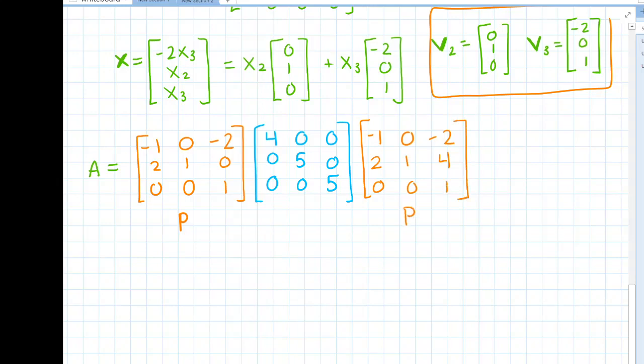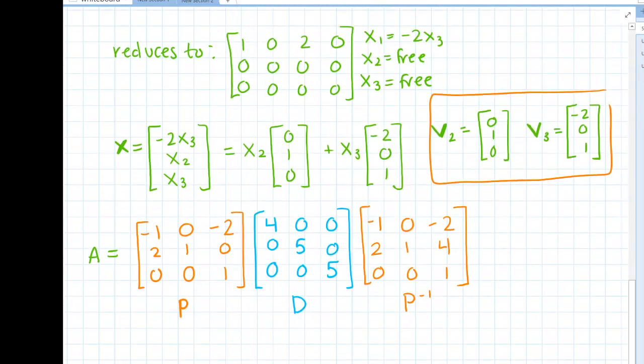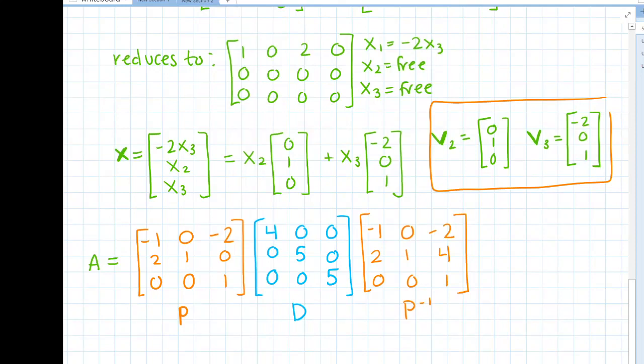So this is our P inverse, and this is our matrix D. So that is your diagonalization. Just to quickly mention, and this came up if you did the worksheet from the other day, it is possible to have an eigenvalue with a multiplicity of 2, but not to get two different eigenvectors.